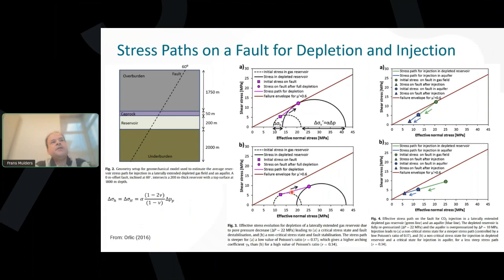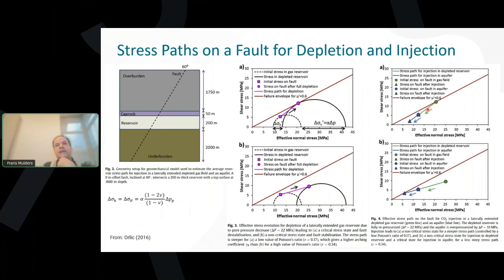So this is actually a numerical model result. We can see it's a 2D model. There is a reservoir here. This is done by the late Bogdan Orlic, a former colleague and friend of mine. And so he modeled in 2016 stresses in the reservoir, and you can see the effects of the depletion, but you can also see the effects of injection.